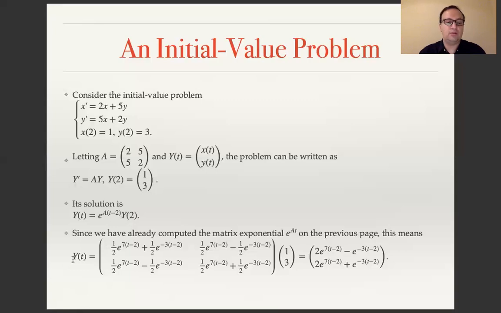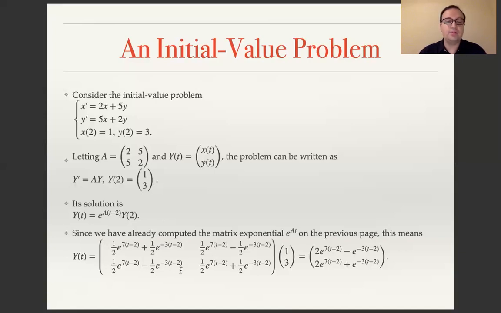So Y of t is the matrix with the following components. Actually, first let's say what the matrix exponential is. So e to the A times (t minus 2) has first component 1/2 e to the 7 times (t minus 2) plus 1/2 e to the minus 3 times (t minus 2). The second component is 1/2 e to the 7 times (t minus 2) minus 1/2 e to the minus 3 times (t minus 2).